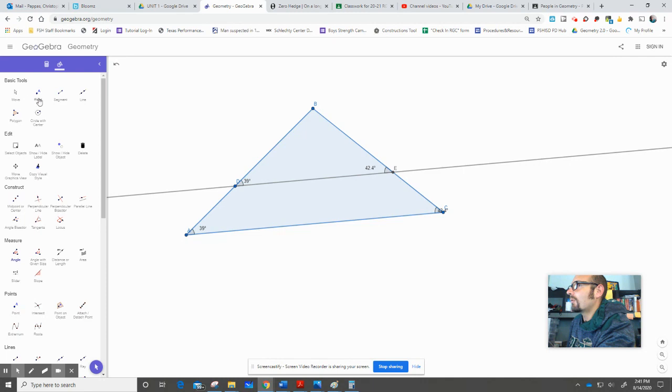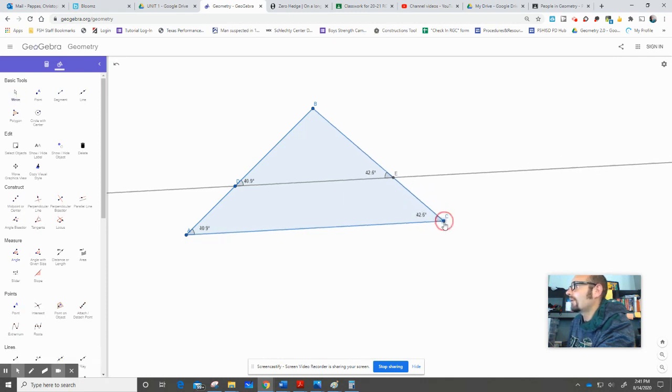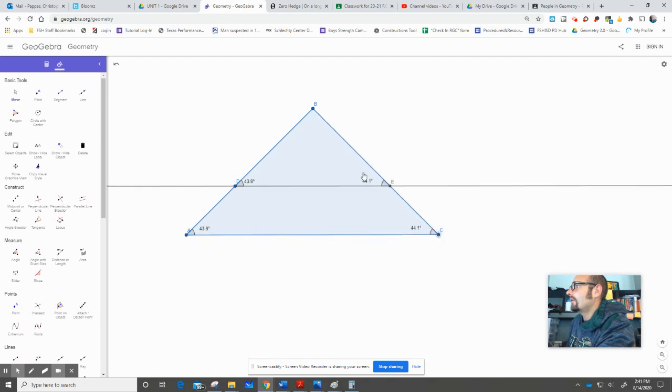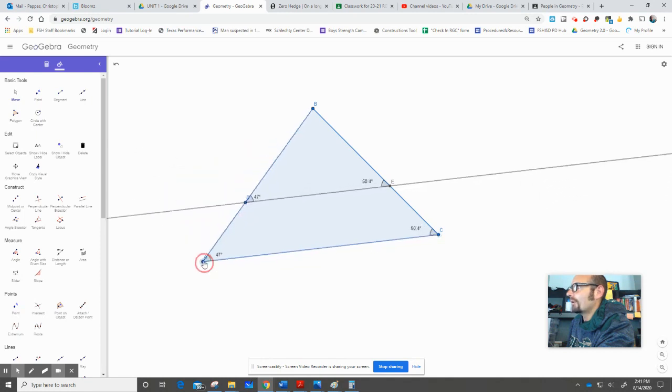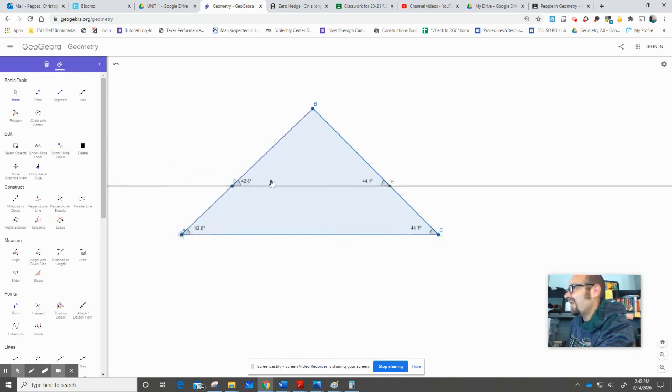So we have 42.4 down there as well. As you see, as we move point C, these two angles are going to be equivalent. These two angles over here are always going to be equivalent as well, as long as this line is parallel to this side right here. If they're not parallel, then they're not going to be the same.